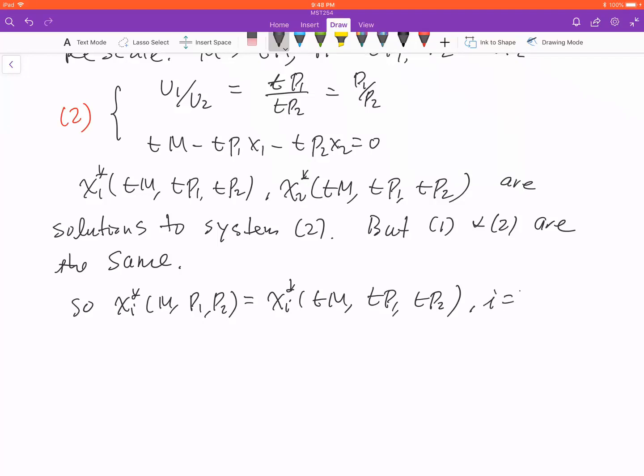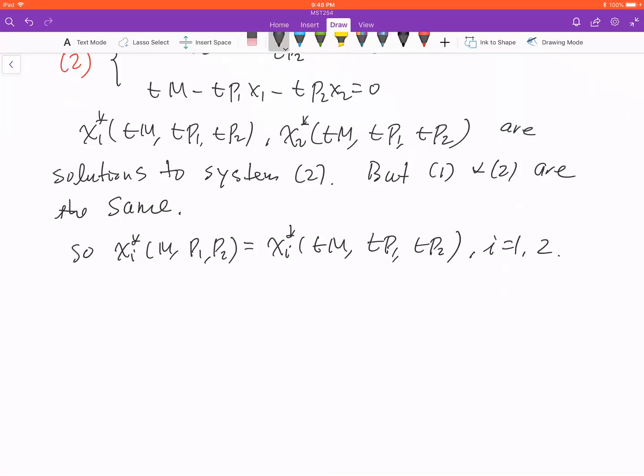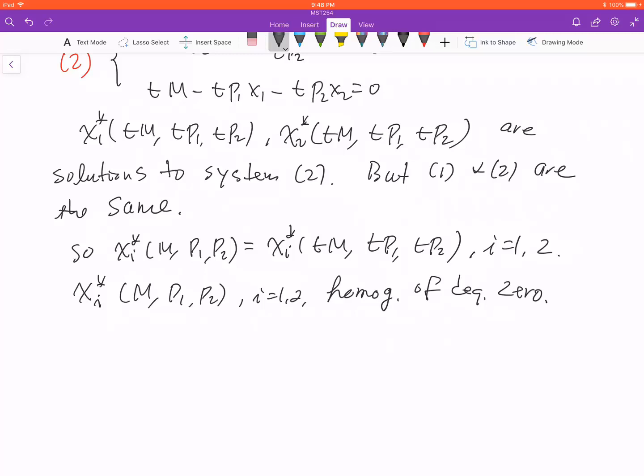So we just say i is equal to 1 and 2. So that means these are homogeneous of degree 0. So we have xi star of m, p1, p2, i equal to 1 and 2, they are homogeneous of degree 0. We use the same argument that we used before.